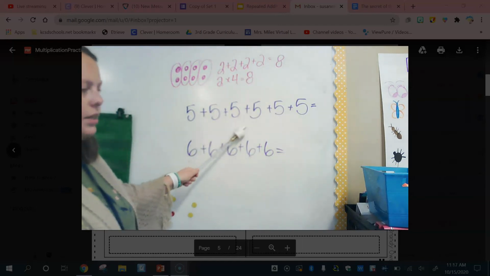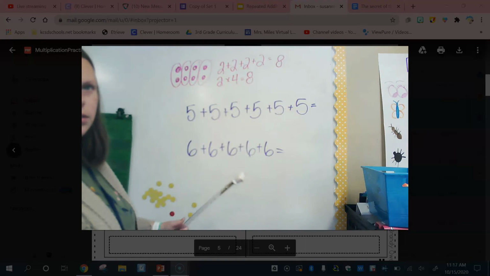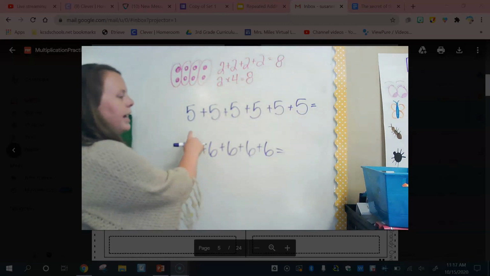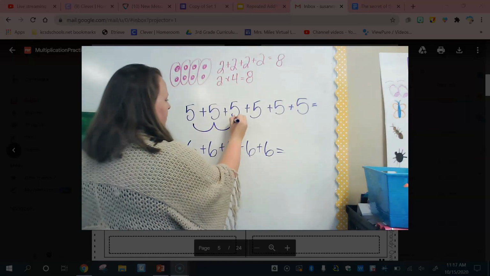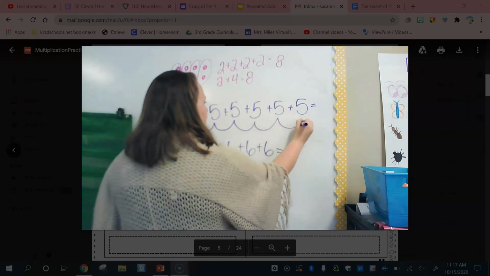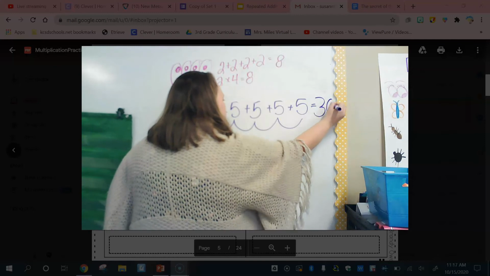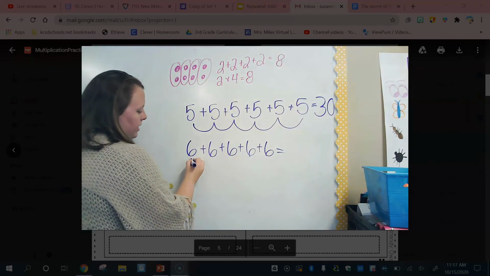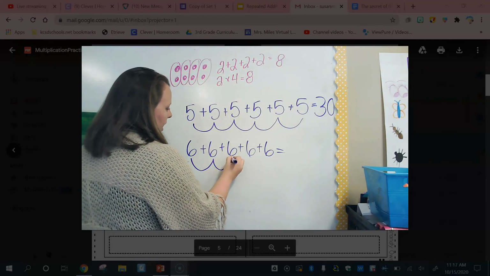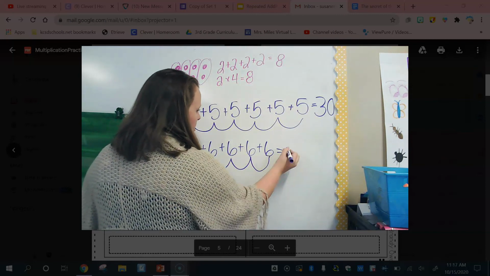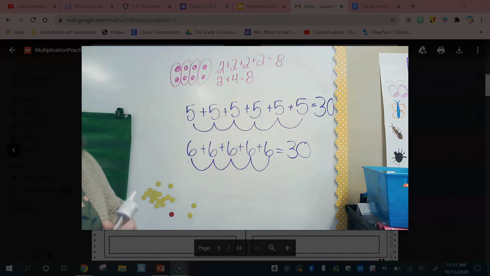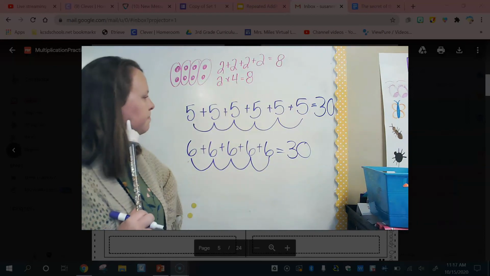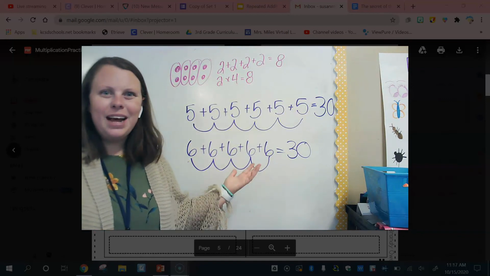Let's see if this equals this. Okay? So let's count. 5, 10, 15, 20, 25, 30. Let's count this one. 6, 12, 18, 24, 30. Now, which property do you think this could be? The commutative, that's right.